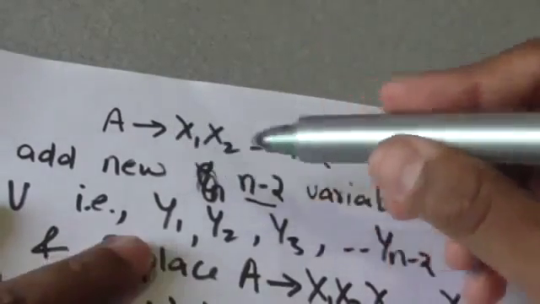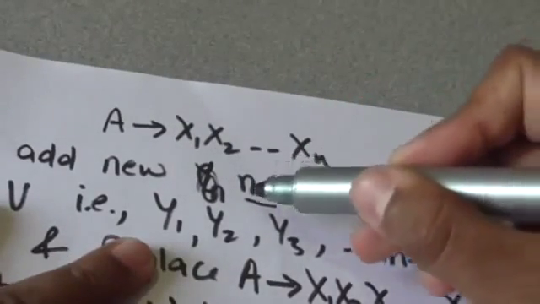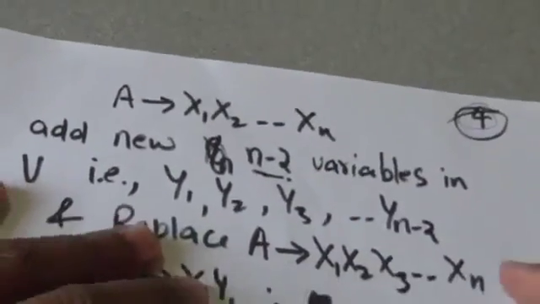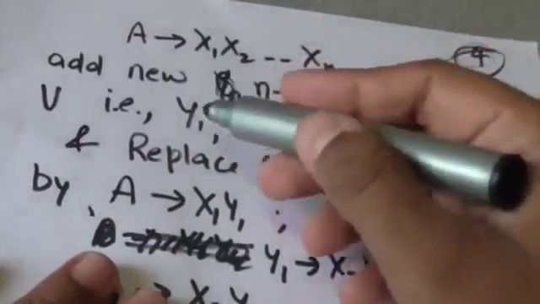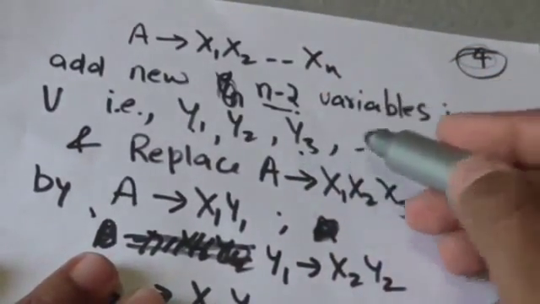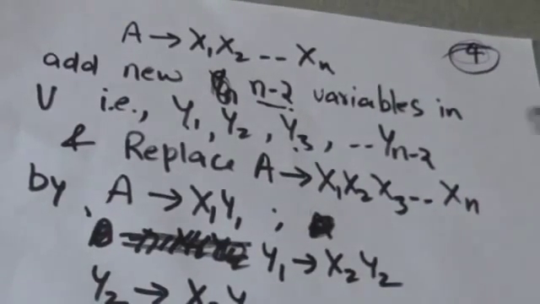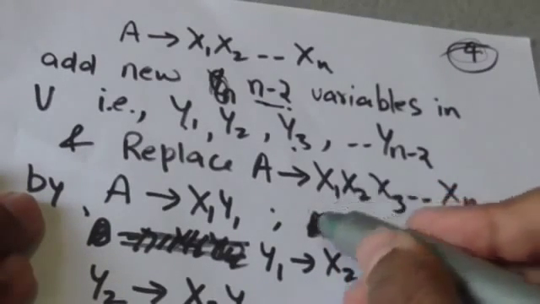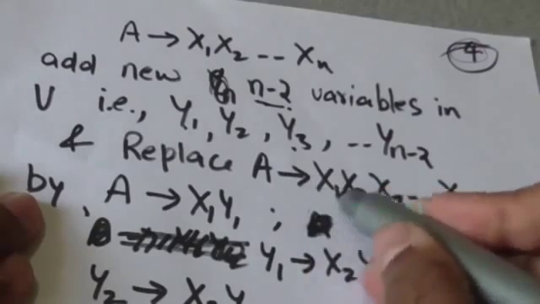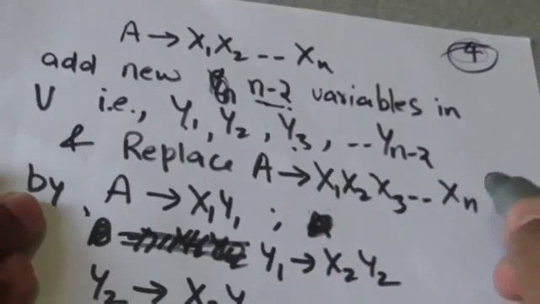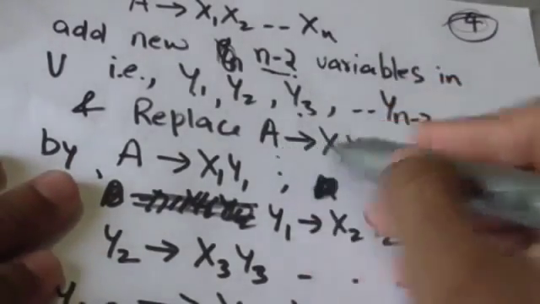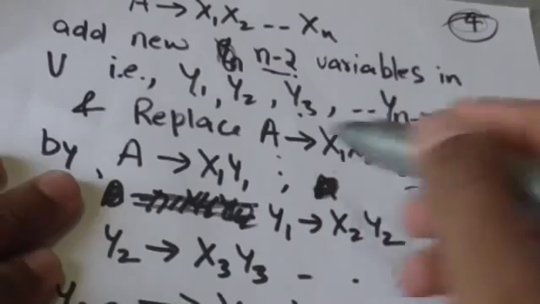So we have to add n minus 2 new variables in set V, like these variables Y1, Y2, Y3 up to Yn minus 2. Now what will we do? We will replace this production A derives X1, X2, X3, X4 up to Xn by these productions.